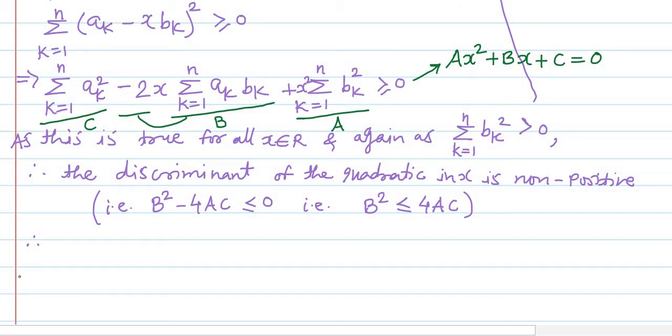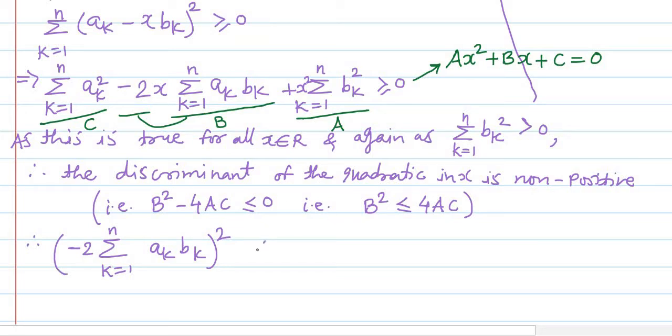So therefore we'll get B square, which means minus 2 into summation over k equal to 1 to n ak bk, whole square. This is the capital B square.